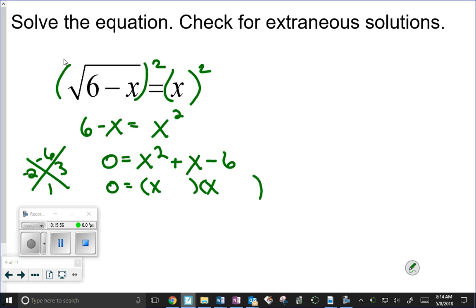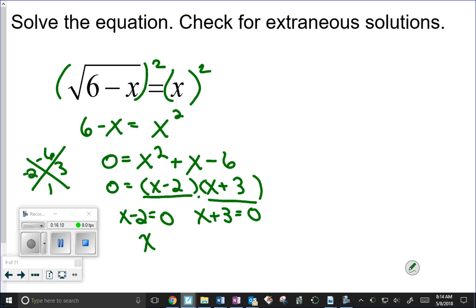It's going to be a negative 2 and a 3, right? So if blank times blank equals 0, one of those blanks has to be 0. So I'm proposing x is either 2 or x is negative 3. Interesting. I think two things would work.